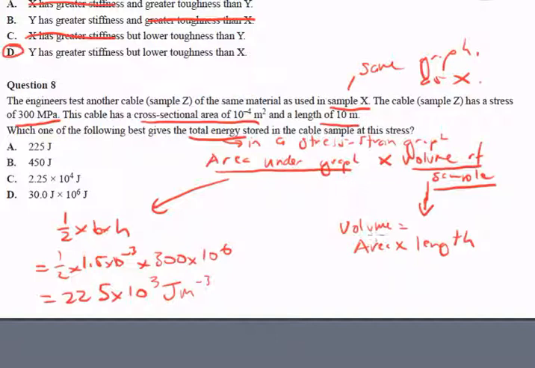So we've got 10 to the minus 4 by 10 meters, which equals 10 to the minus 3. Then area under graph times volume of the sample, you take this and times it by this, and if you put that in your calculator, you get 225.